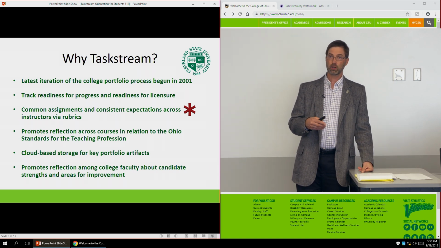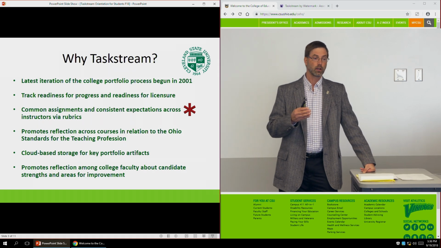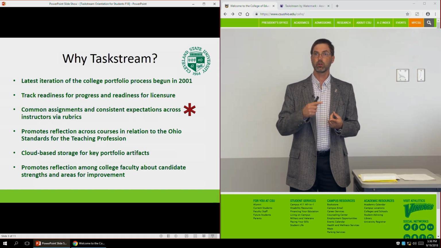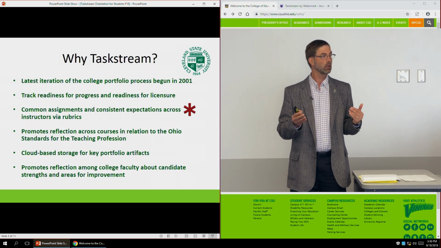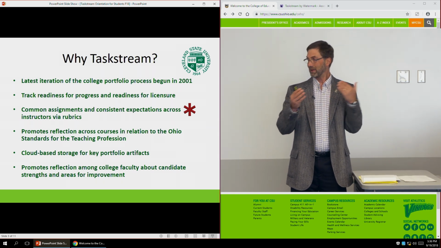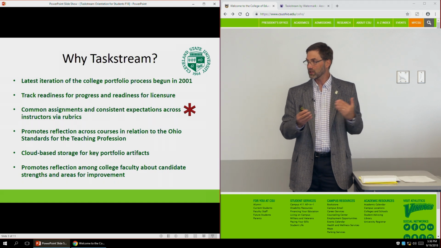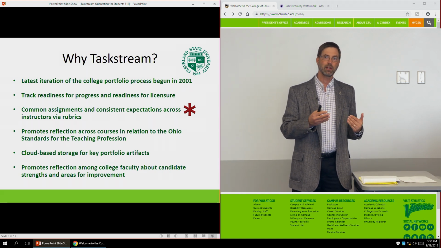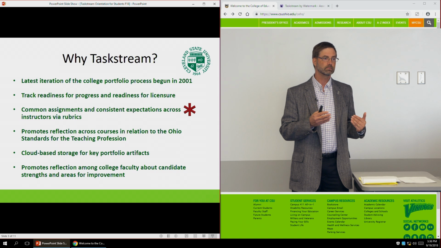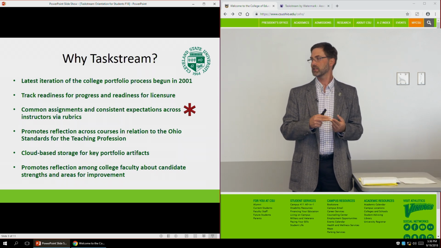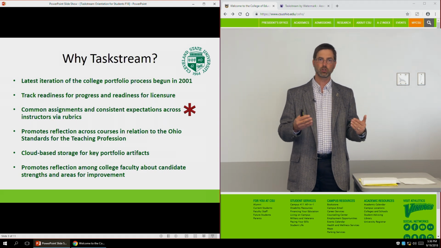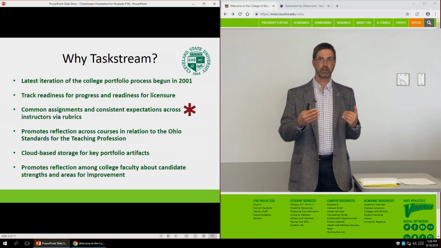So when you have a program like ours where we have a lot of part-time instructors and full-time instructors all teaching multiple sections of the same course, since Taskstream has the directions for the assignment and the rubrics for the assignment, it makes sure that every instructor is using the same assignment and they're grading it in the same way. So it helps all the students to make sure that they have a consistent quality experience.